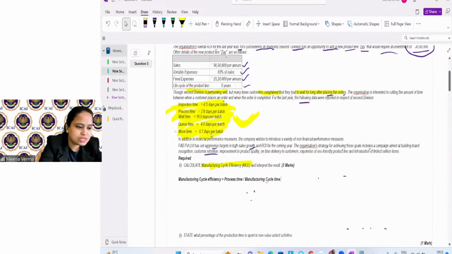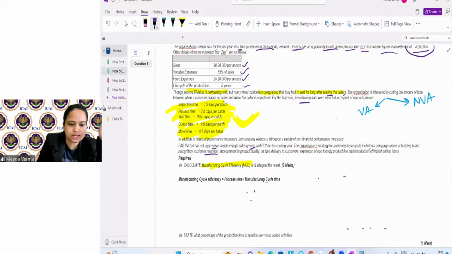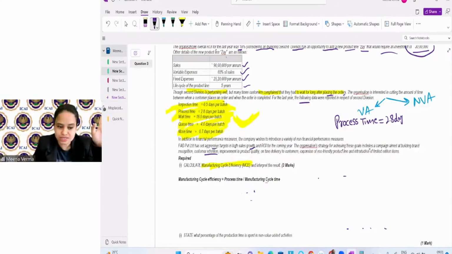Now if you see this information, you will get some information from here. We have both value-added and non-value-added time. So process time is value-added time. What is the process time here? 2.8 days. Okay. What are your non-value-added times?